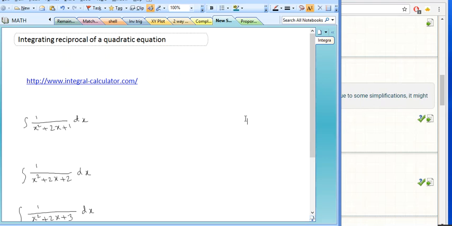Let me write down here what they gave us. It is equal to minus 1 over x plus 1 plus c. So why is that the case?